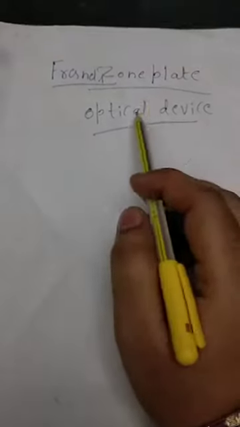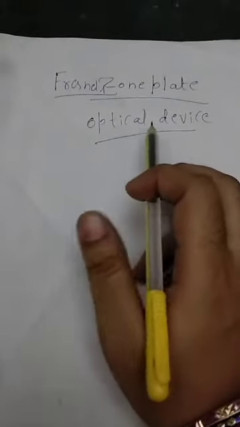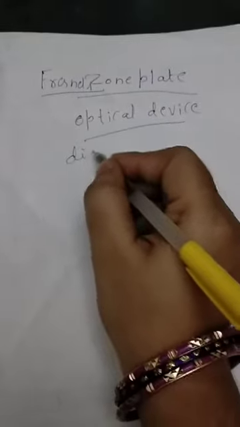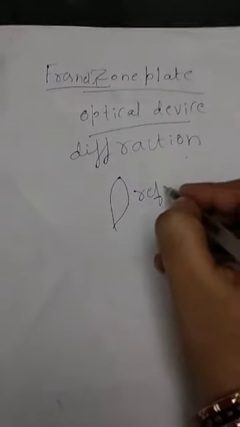Like your lens, you have seen convex lenses and you have seen prisms, correct? So like other optical devices, the zone plate is also an optical device, which is made up of glass, but it uses the phenomenon of diffraction of light. In convex lenses, the phenomenon of light used is refraction, correct?